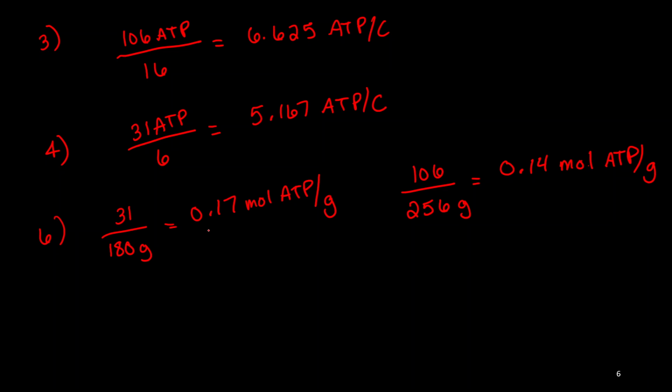Yeah, it wouldn't be very efficient if you were getting 0.17 ATPs per gram of glucose. Moles. We had 0.0 ATP before we changed it. It's okay.